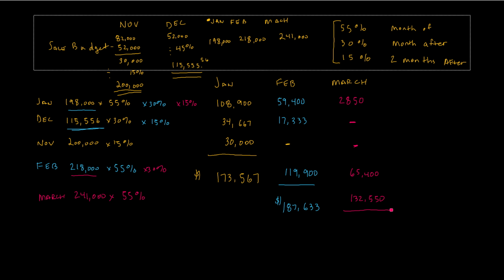Plus, I'm going to collect 15% of January sales, which is $2,850. That gives me cash collections in the month of March of $200,800. Okay, so what is left to collect? Now, the problem doesn't ask us that, but we can very easily figure that out, right?